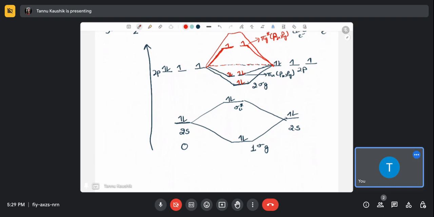So the more space an electron gets to cover, the lower will be its energy. That's why this sigma g is lower in energy, and so during head-on interaction, the bonding will take place with this sigma g.